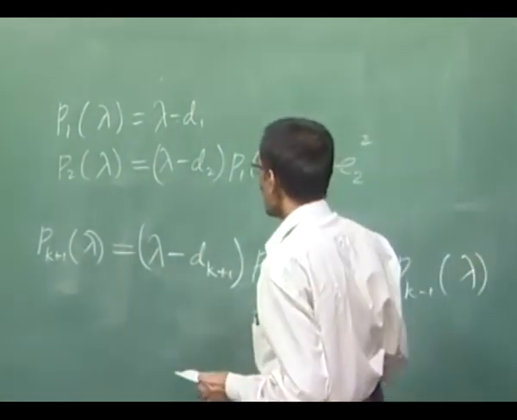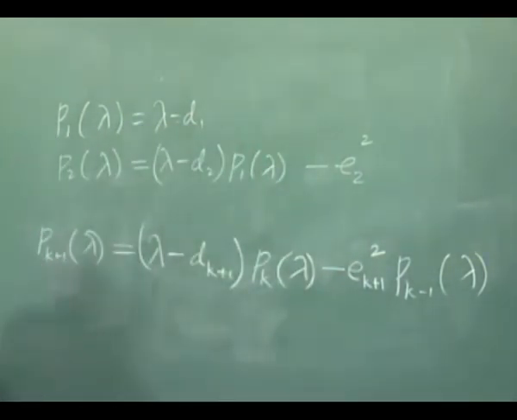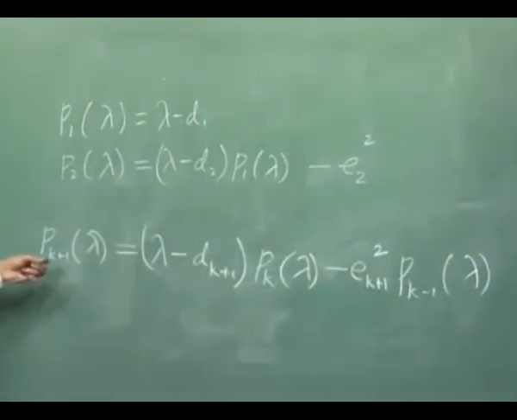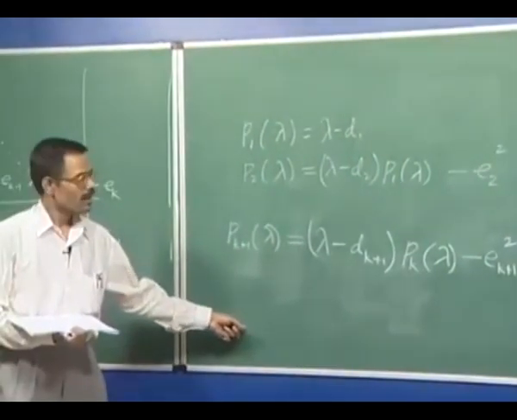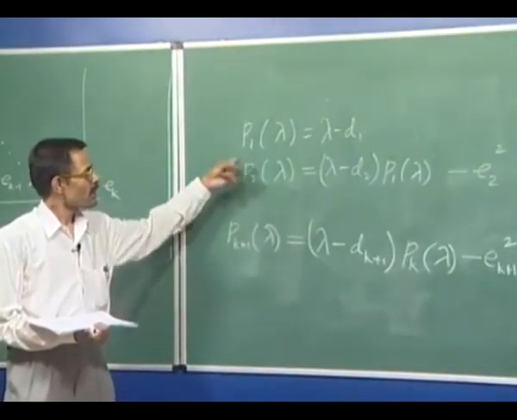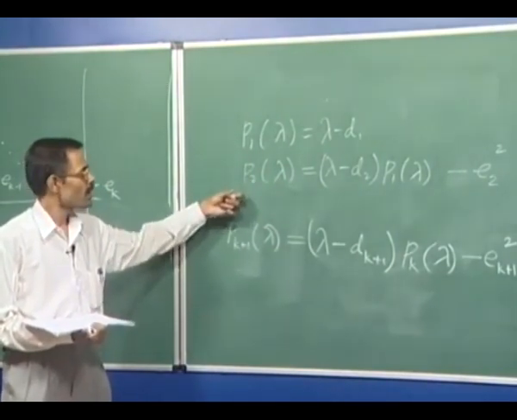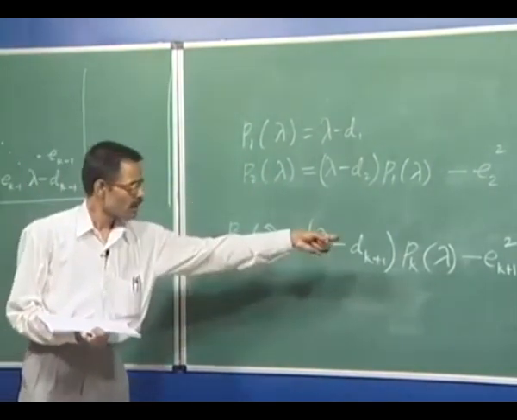Now, this recursive relationship will define up to p_n in terms of the older ones. So, p_3 will get defined in terms of these two, p_4 will get defined in terms of p_2 and p_3, and so on through this relationship.